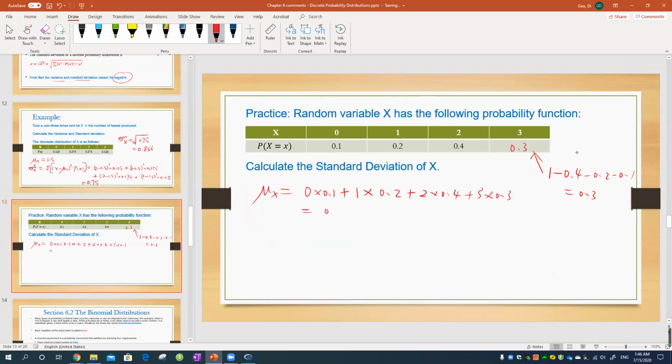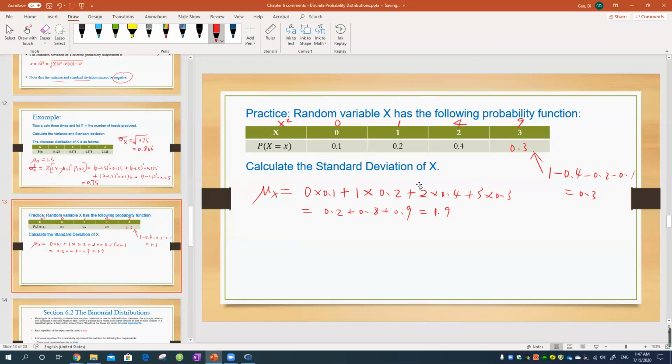That's 0.2 plus 0.8 plus 0.9, which is 1.9. After that, we calculate all the squared values, x squared: 0 squared is 0, 1 squared is 1, 2 squared is 4, 3 squared is 9.